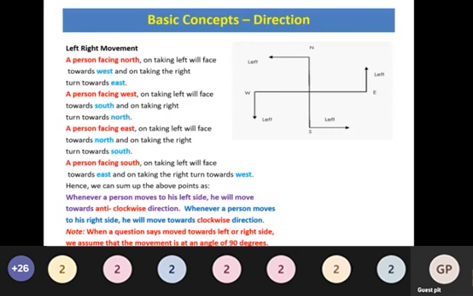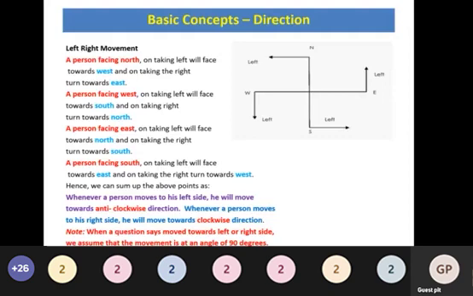Now a person facing south, on taking left will face towards east, and on taking a right turn, towards west. So these four points are very important in order to solve direction sense problems.